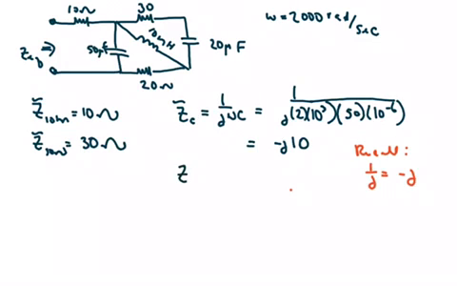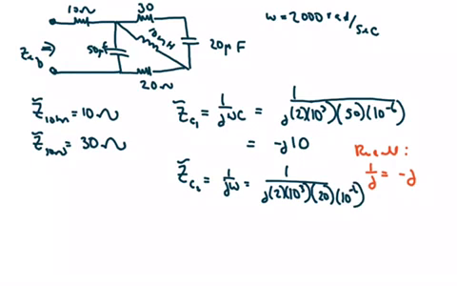Okay, so then our ZC for our other capacitor is going to be 1 over J omega times C, which is going to be negative J times 25.